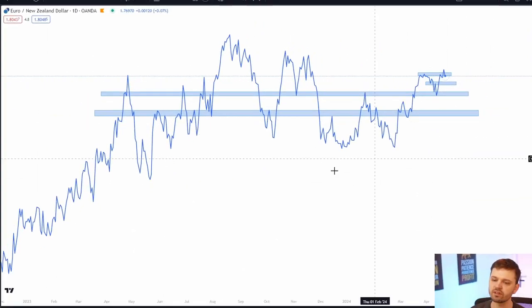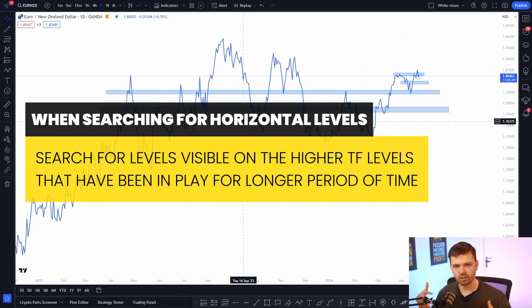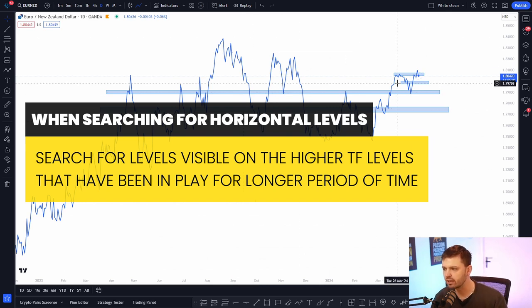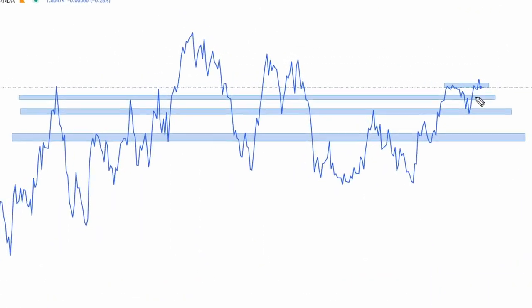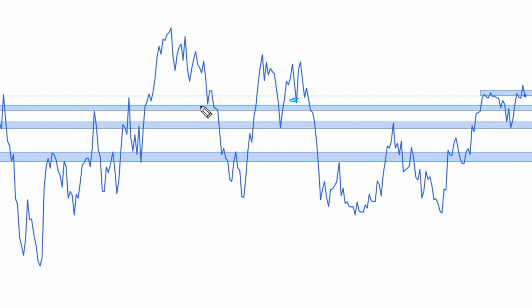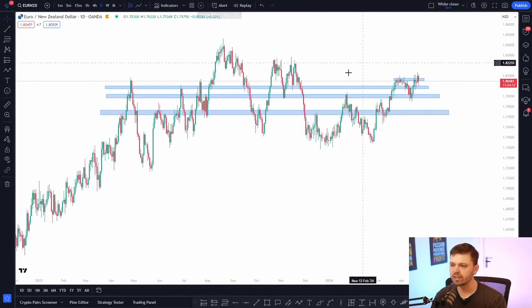So it's very important to look for levels that are visible on the higher time frames, levels that have been in play for a long time. And certainly this level, if you move it to the left, you can definitely say that it could be part of that move, because when you're adding the candles, you'll see this is a fake out of that level, this is a hit of that level, that's a fake out, that's a wick hitting that level, and these are wicks hitting that level.